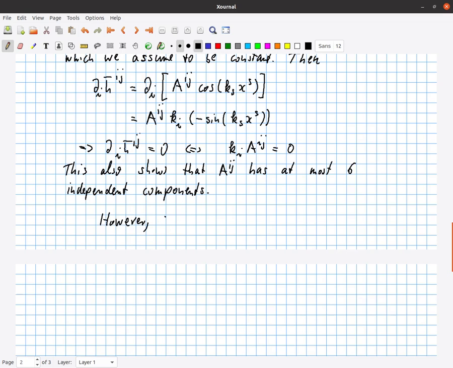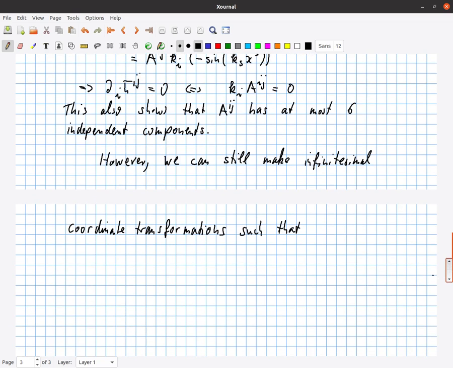However, we can still make infinitesimal coordinate transformations such that, similar to before, we have x^i equals x'^i minus some epsilon^i.